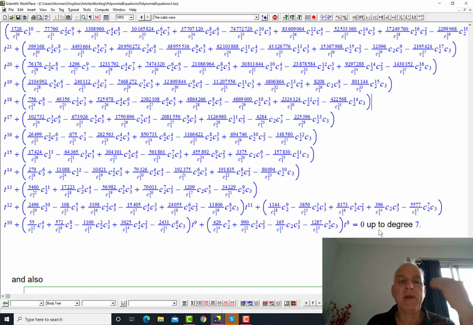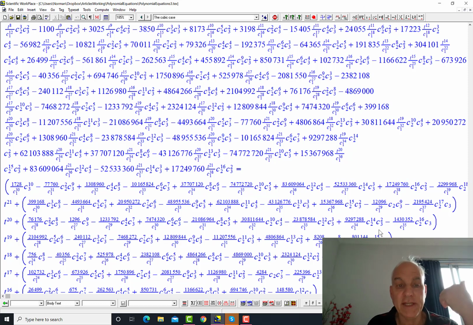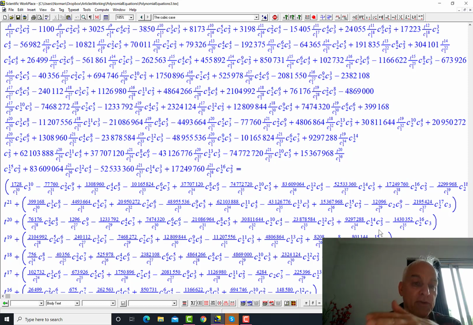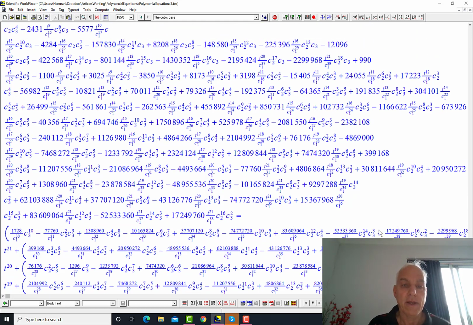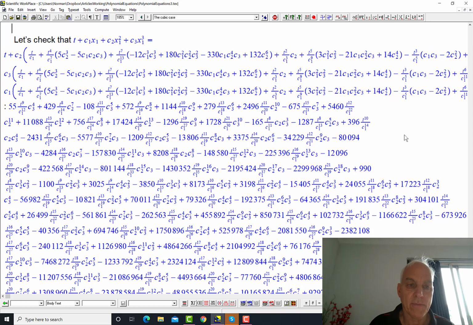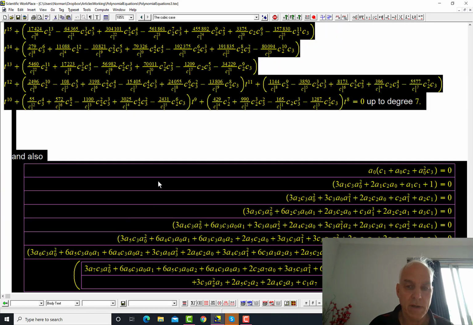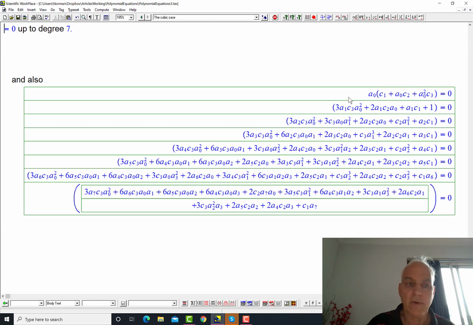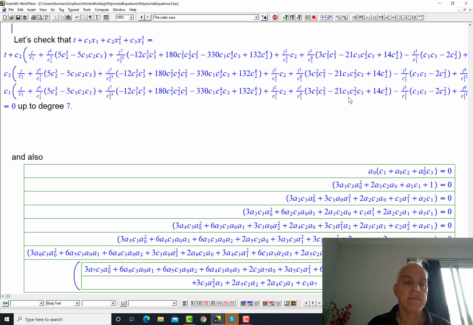In other words, you make this big computation, and all the terms involving t, t squared, t cubed up to t to the 7, including the constant term also, are all 0. Okay, we don't need all this stuff here, so let's summarize that. Let's check that this thing is equal to 0 up to degree 7.